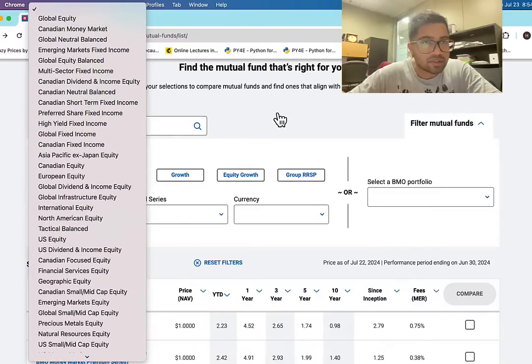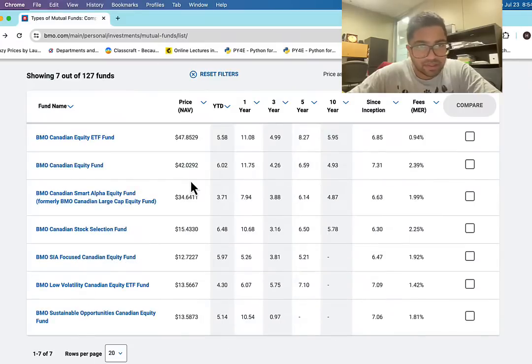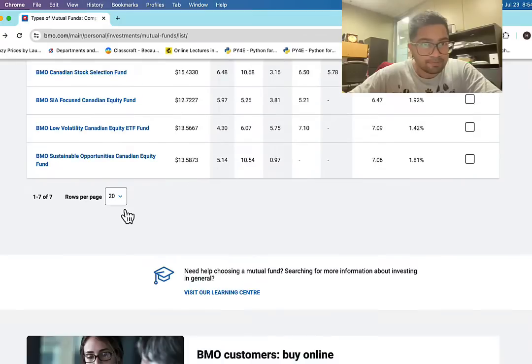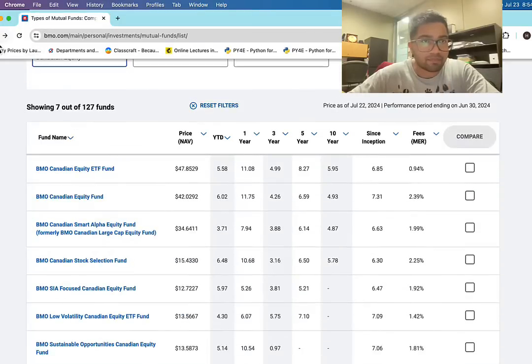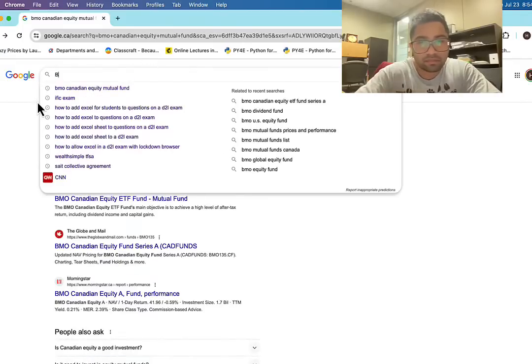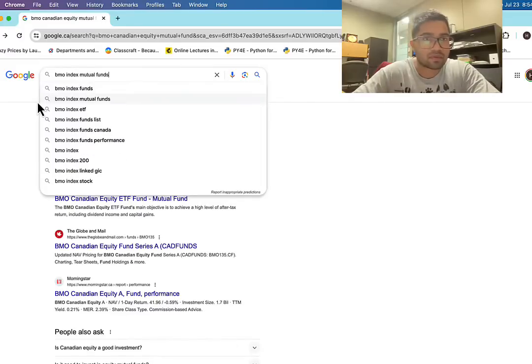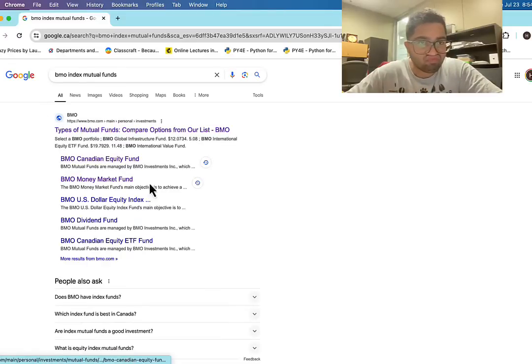Sometimes it's better to search on Google rather than the website. So Canadian equity, let's see if we can get an index fund. No. BMO index funds. Yeah, this could be an example.